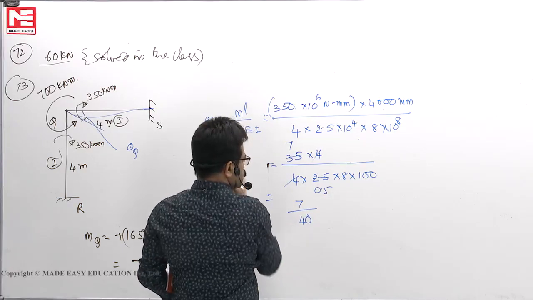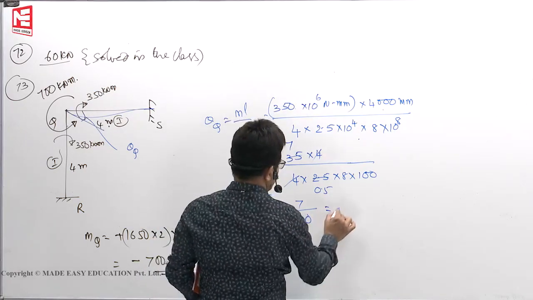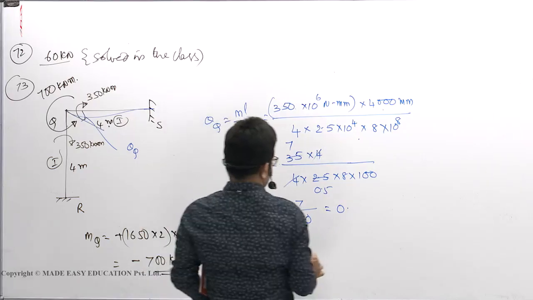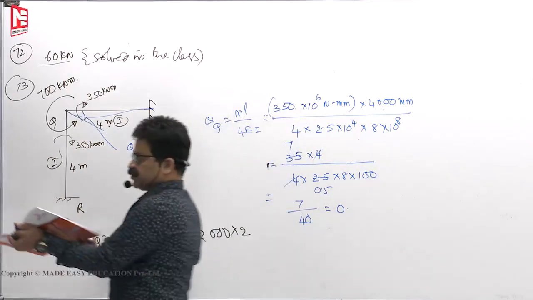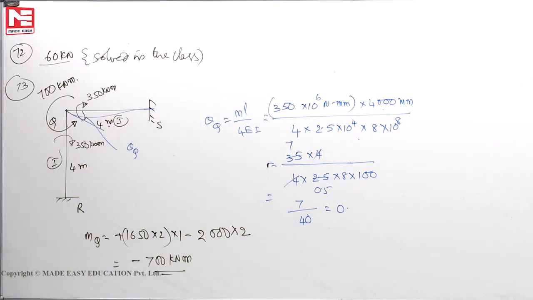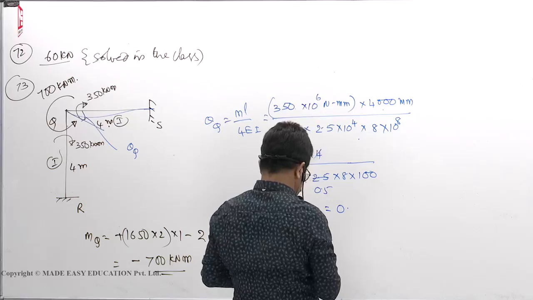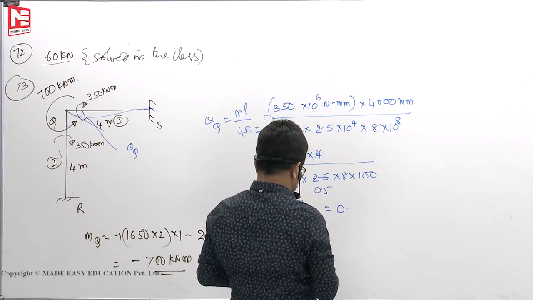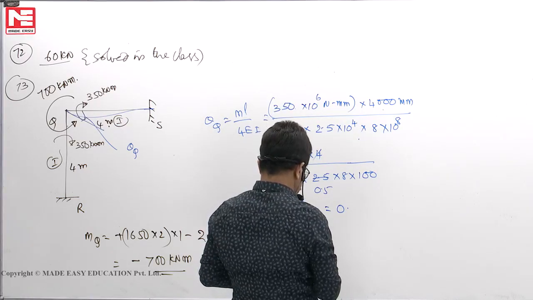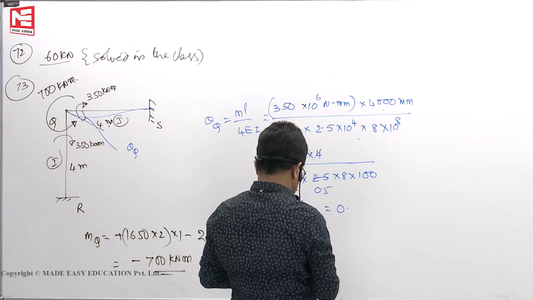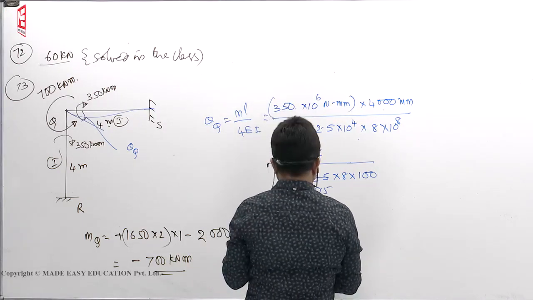So 7 by 40 means we can get it as 0.175, because calculator is not allowed in the GATE question. So 0.175 radian.